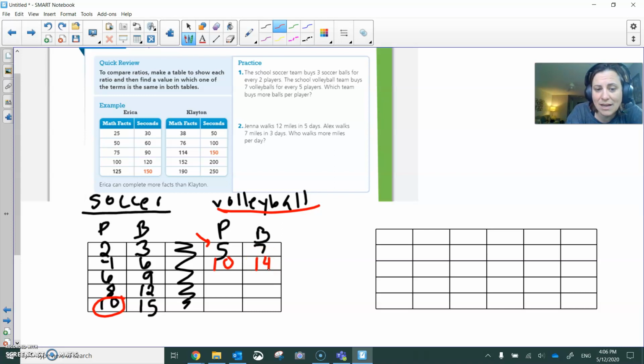And now I have numbers that I can compare. 10 players on the soccer team, 10 players on the volleyball team. The soccer team has 15 soccer balls. The volleyball team only has 14. Therefore, which team buys more balls per player? The answer is soccer. So you're just continuing it until you find something that you can actually compare.